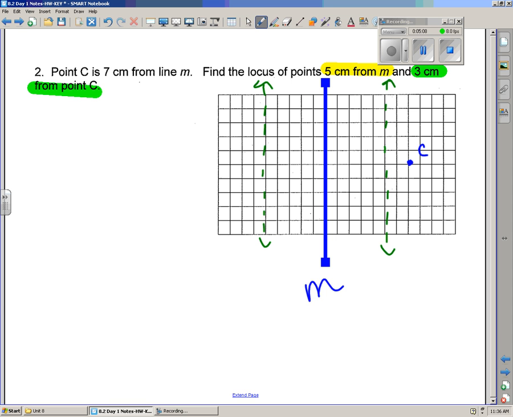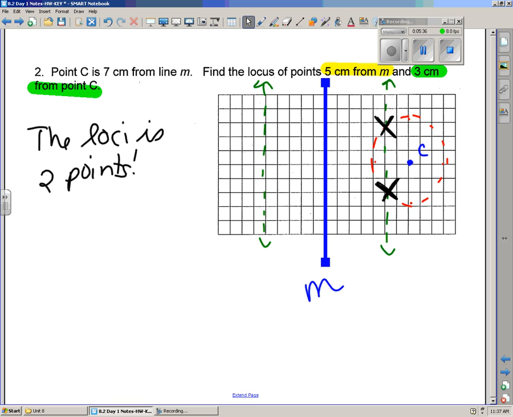The second condition, 3 centimeters from the point C, is a circle with a radius of 3. Do the loci intersect? They do, right here. So the locus is 2 points. If you want to get fancy again, you can write it comes from the intersection of the circle and the 2 parallel lines.